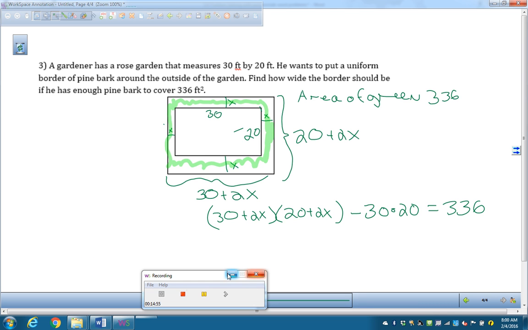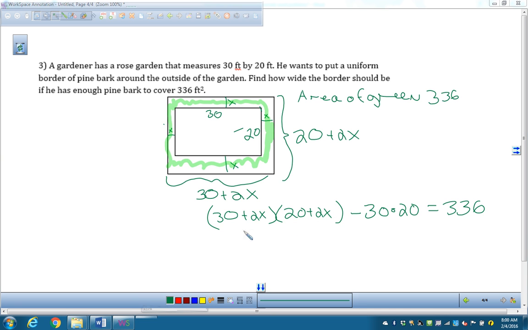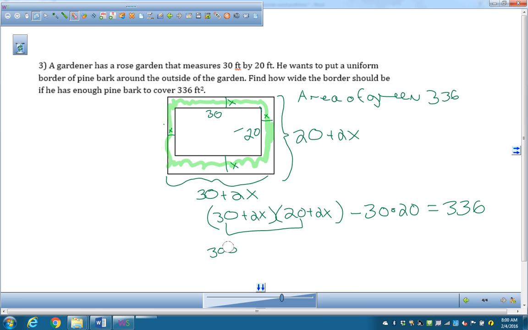Okay? So I'm going to kind of go through this. I'm going to FOIL this out. This times this gives you 600. I wrote 300. I meant to write 600. This times this gives you 40x.